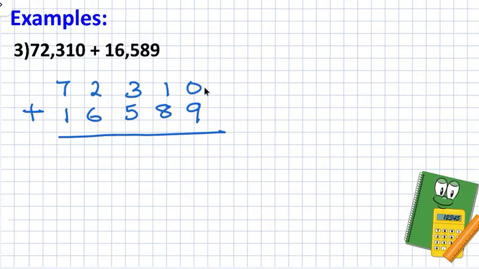From the right, in the first column, we have 0 plus 9, which is 9, 1 plus 8, which is 9, 3 plus 5, which is 8, 2 plus 6, again, is another 8, and 7 plus 1 is 8. A lot of 8s in this. So we have 88,890.